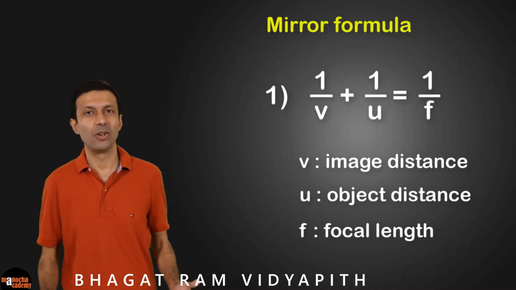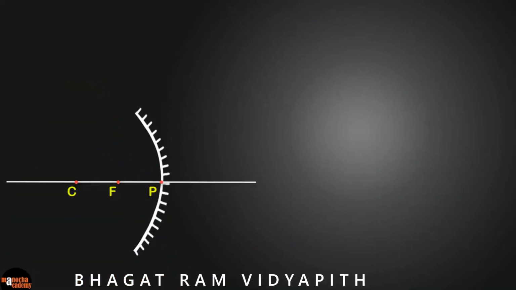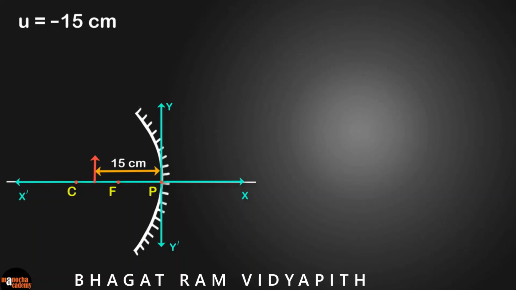Let's go ahead and take a look at an example. Let's say the object is placed 15 centimeters in front of this concave mirror. Since the distance is measured from the pole and it's along the negative x-axis, u equals minus 15 centimeters.